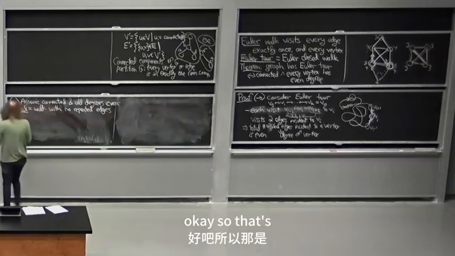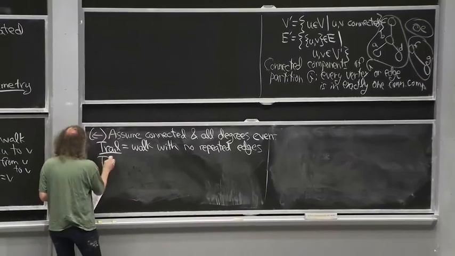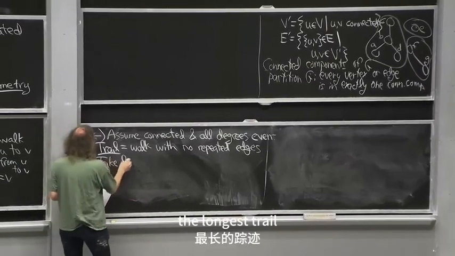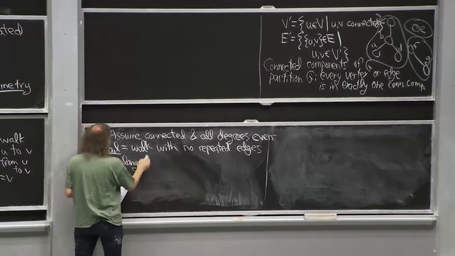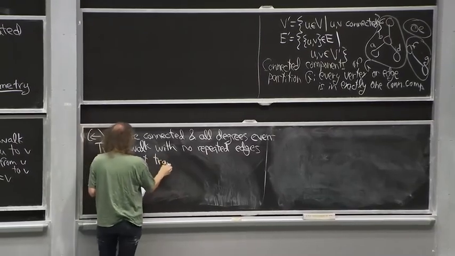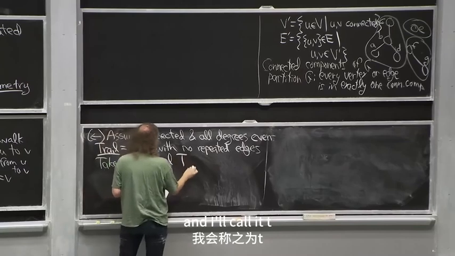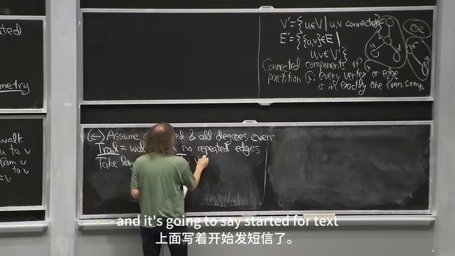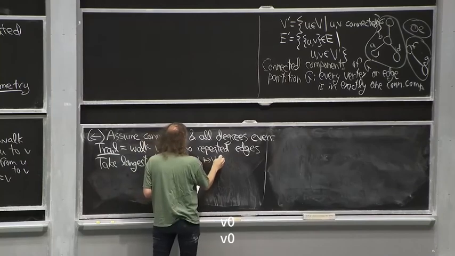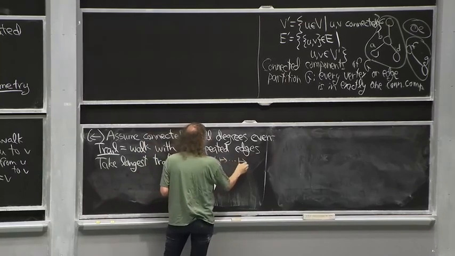OK, so let's take the longest trail in the graph. And I'll call it T. And it's going to, say, start at vertex v0, go to v1, and go to vk.